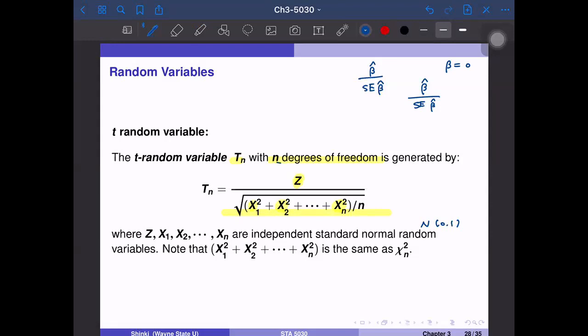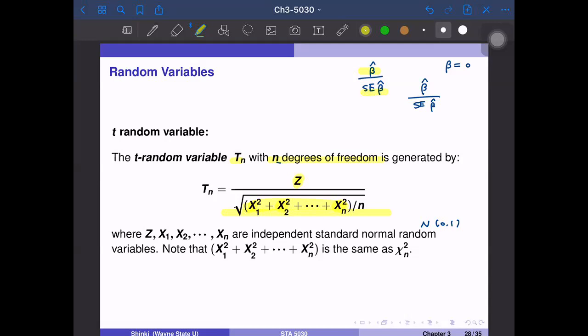Often the beta hat is normally distributed, and the standard error is the square root of variance, and variance is a sum of squared quantities. So often this shape, the chi-square random variable, is useful to represent variance. The t random variable is defined based on this idea.